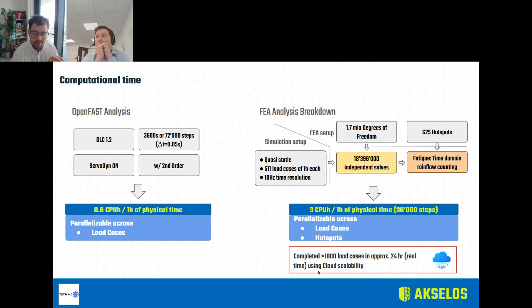And so if we extrapolate this value to include the OpenFAST analysis, we can estimate that a user can run an entire DLC analysis, say 1,000 load cases, in approximately, conservatively 36 hours.